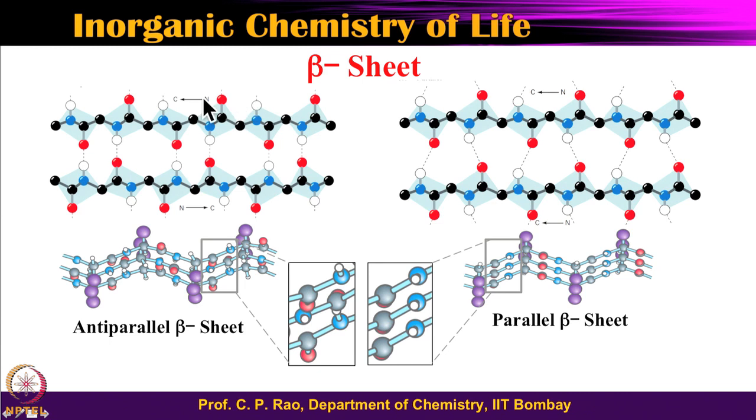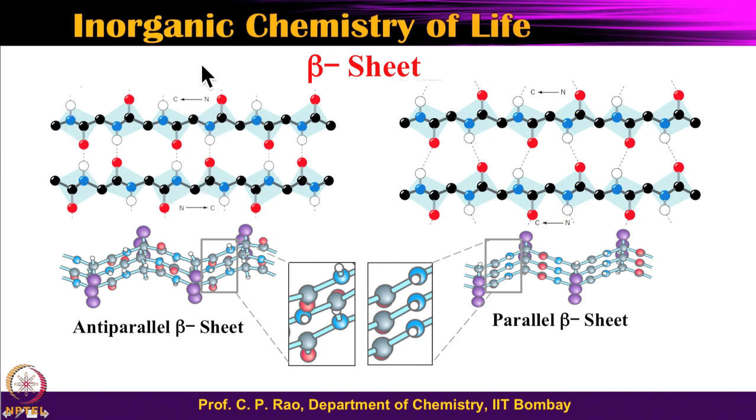In the beta sheets, you can see for this strand this side is N terminal, this side is the carboxylic or C terminal, and for the other strand, this side is nitrogen or N terminal, this side is C terminal. So, N terminal to C terminal and C terminal to N terminal.